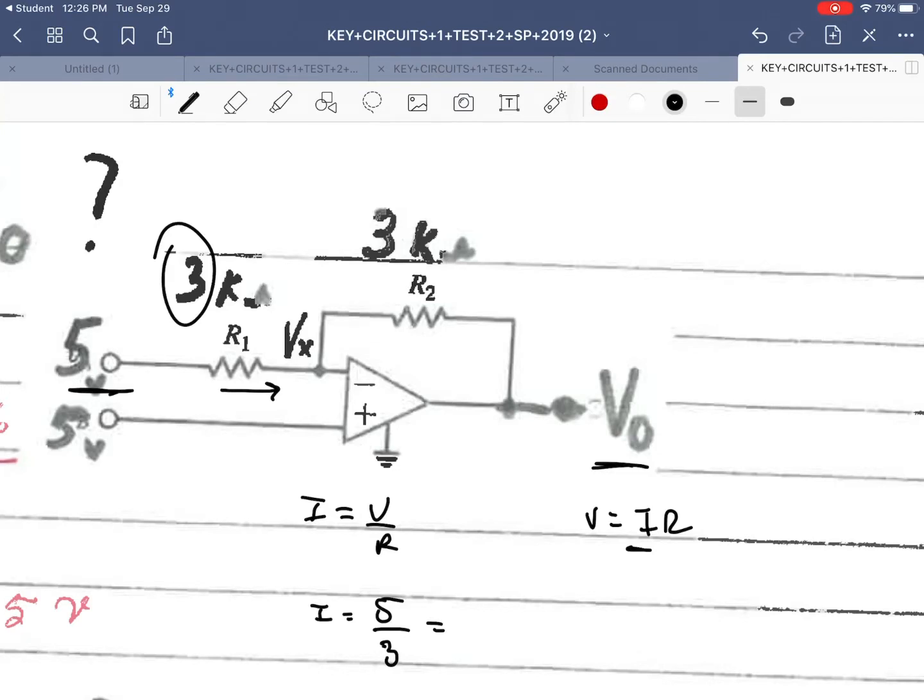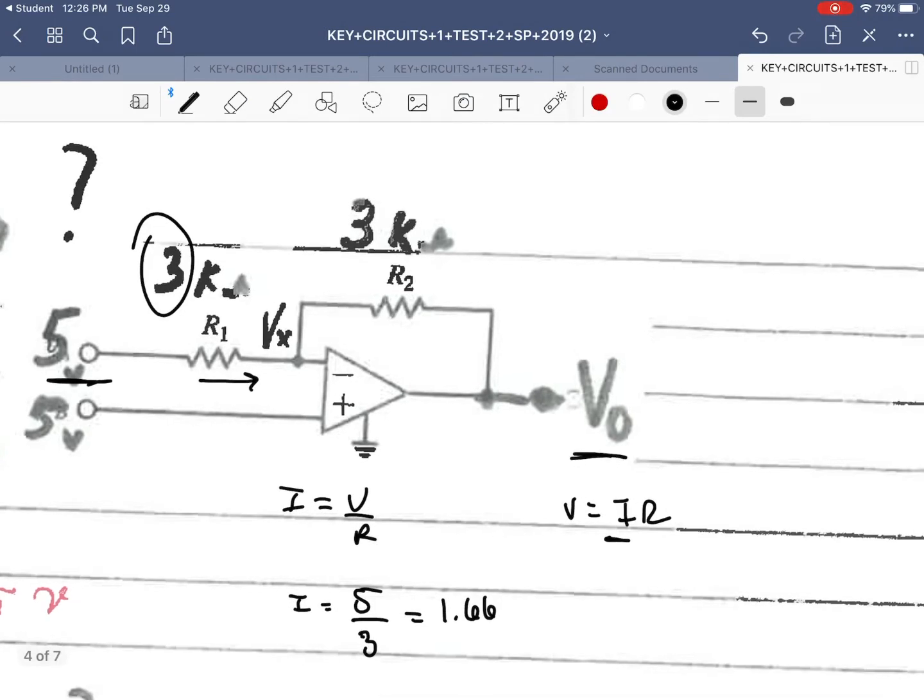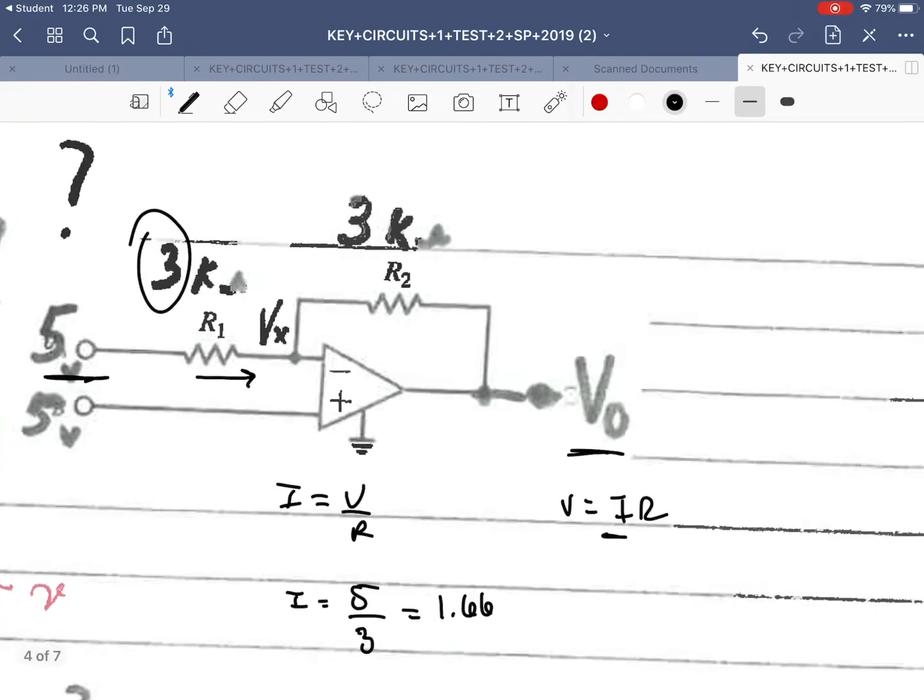5 divided by 3 is 1.66. And so then we have V equals IR, which is equal to 1.66. And so we know that the current that flows in a series doesn't change. The current is the same. So whatever the current is here, the current is going to be the same going in here.